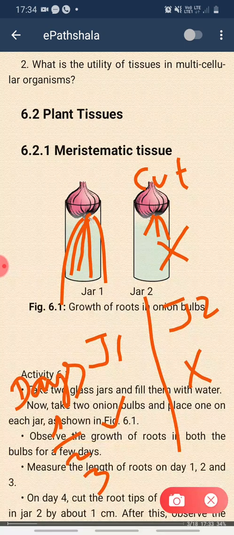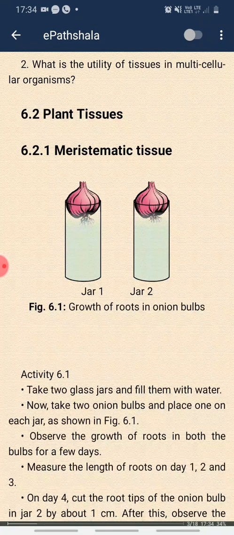So what you have to understand from this is that there is something special about the root tip, something in the root tip which allows the roots to grow. Whereas in the second jar, when that tip is cut out, the growth stops. So what is that special thing in the tips of the root?